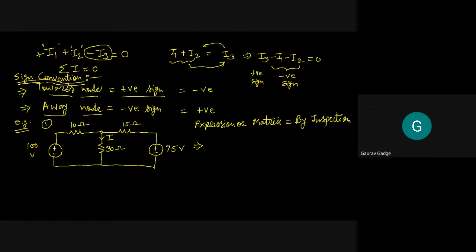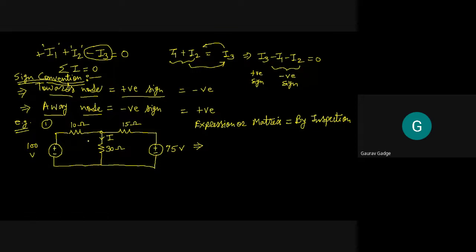What we did in mesh analysis, we formed the matrices by inspection, and a similar methodology you have to use for the formation of the expression or the matrix for the given circuit using nodal analysis.